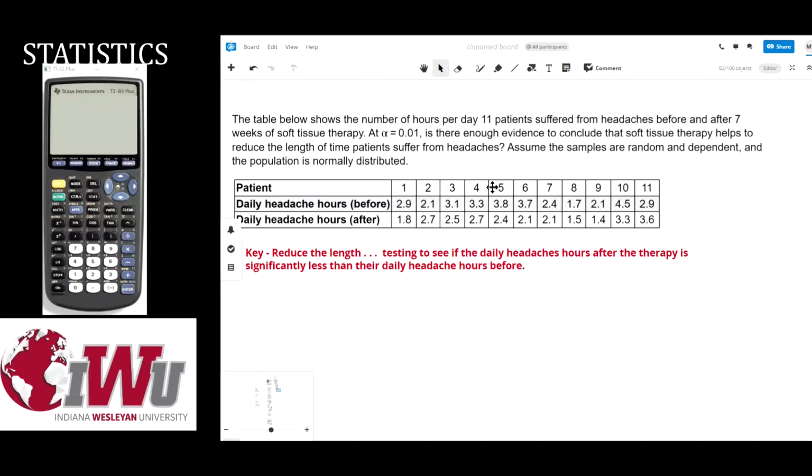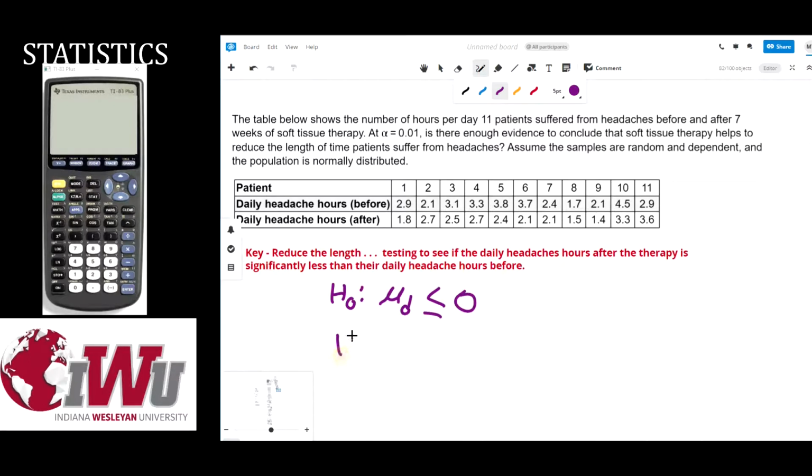So let's start with the null and alternative hypotheses here. I'm just going to draw this out this time, to make it a little quicker. The H null is going to be mu d less than or equal to 0.